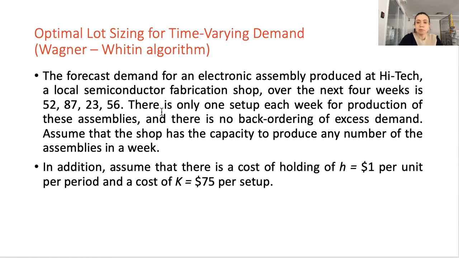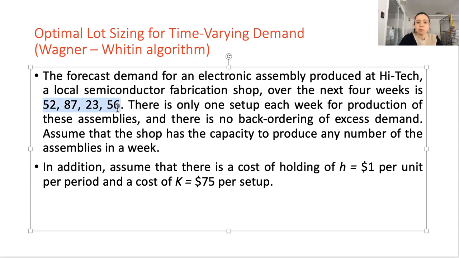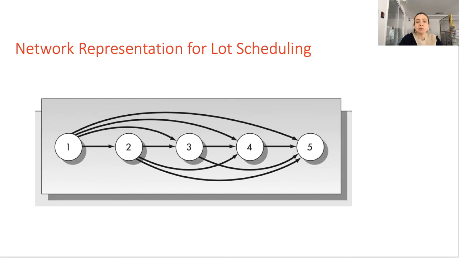In this example, we have 4 periods, and these are the net requirements for each of these periods. We have a holding cost of $1 per unit per period, and we have a $75 setup cost. In the Wagner-Whitin algorithm, we create such a network.